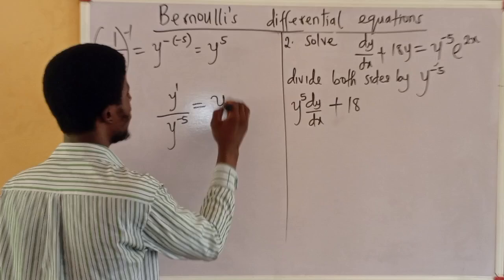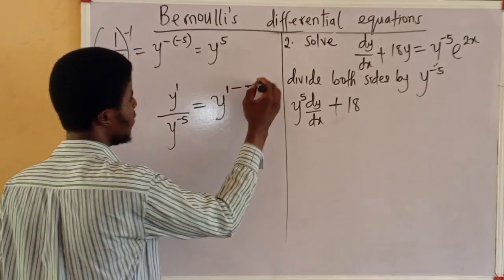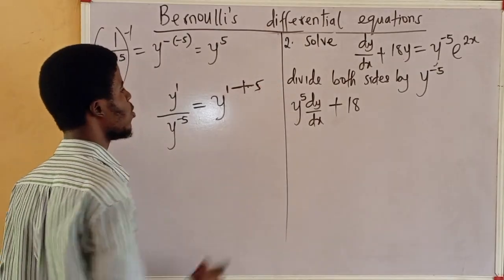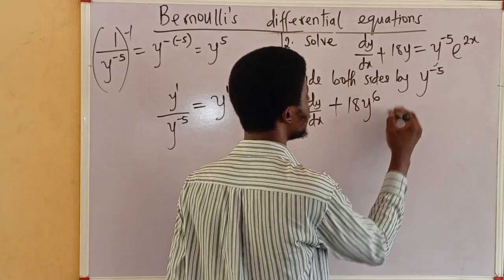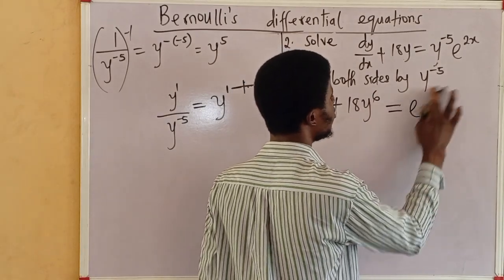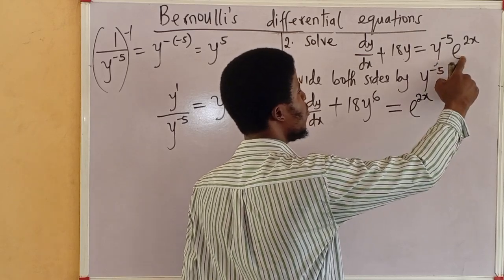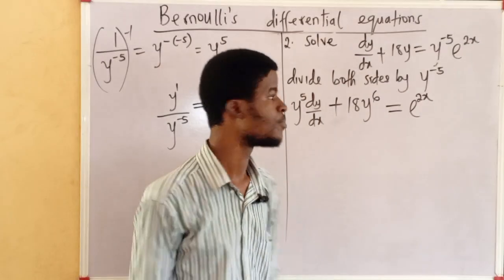So in this it says we have y to the power of 1 minus minus 5. This is actually a plus. And what is this equal to? 6. So this is y to the power of 6 equal to e to the power of 2x. Divide this by y to the power of minus 5. This one will cancel the one at the bottom.